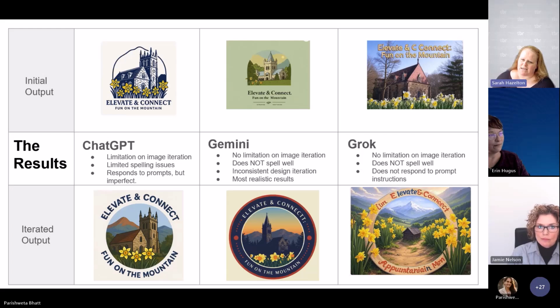If you ask it, I really like that image, can you just spell this correctly? It will completely change the image, or at least it did on me, and give me something completely different. So I was constantly having to iterate. But it did give me more realistic results, closer to the picture that I had submitted than the other ones I tried.